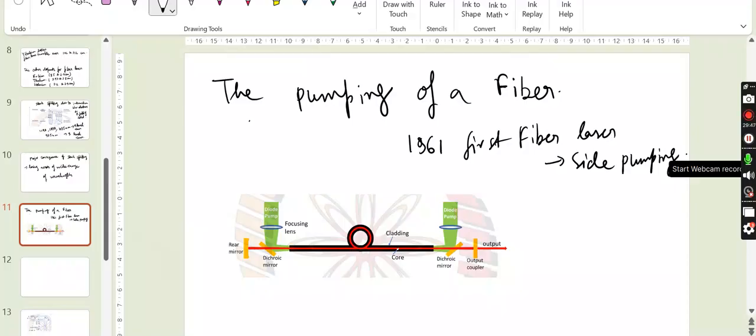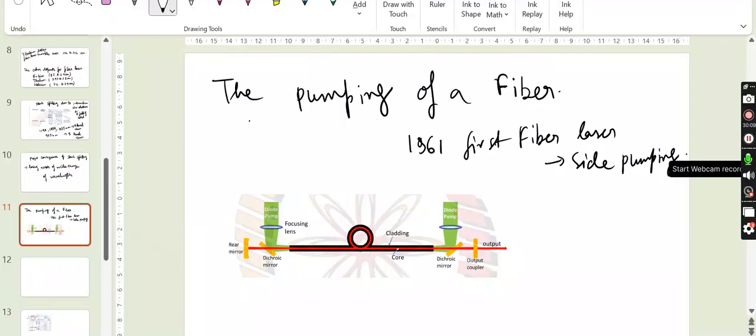The fibers were unsuitable for pumping through the side because of their long strand-like shape. So the scientists moved from side pumping to end pumping.